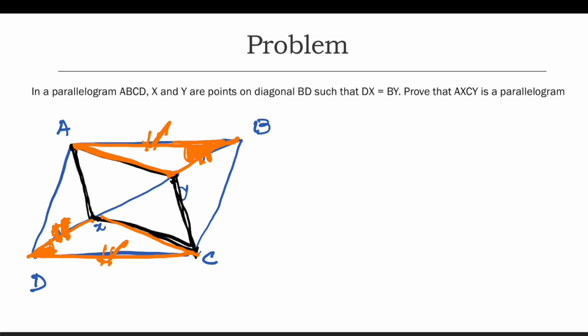So if they are congruent triangles, what will happen? They are opposite sides. So this side AY will be equal to CX, right? So the opposite side will be equal. That's the first thing that we have proven, right? What would be another aspect in this particular case?